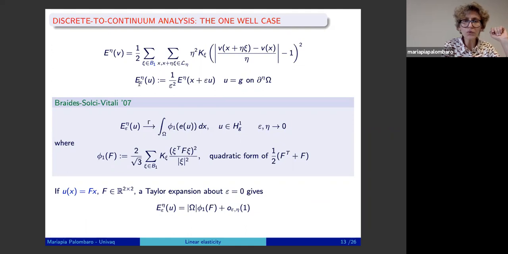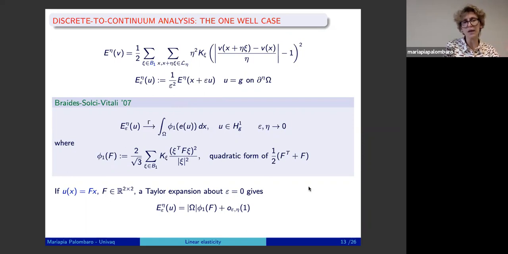So we compute E_{η,ε} at u equal to Fx, and then one can Taylor expand about ε equal to 0. This would give the following approximation of the discrete energy, where phi1 is precisely this, so the density that will appear in the limit.